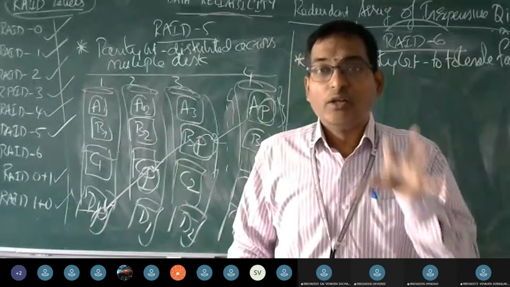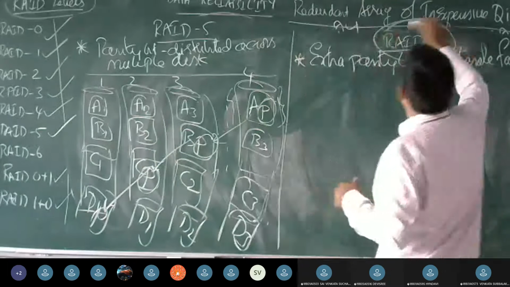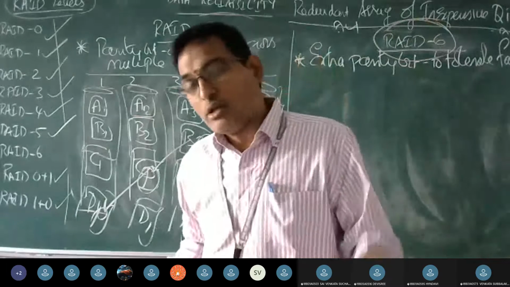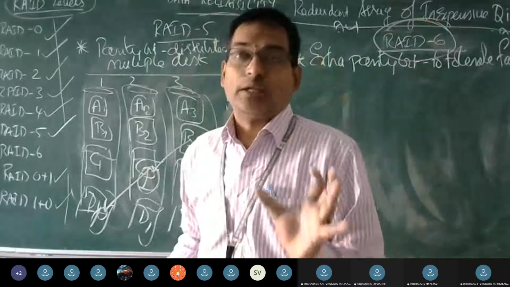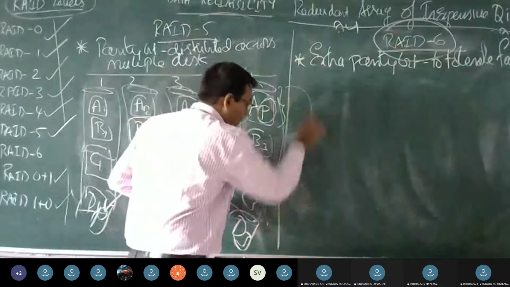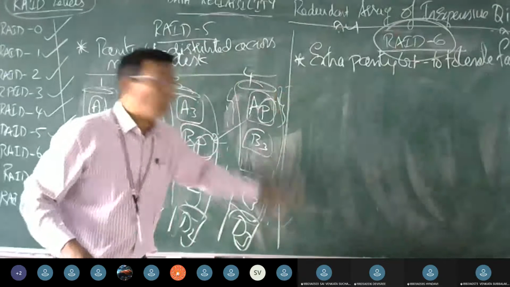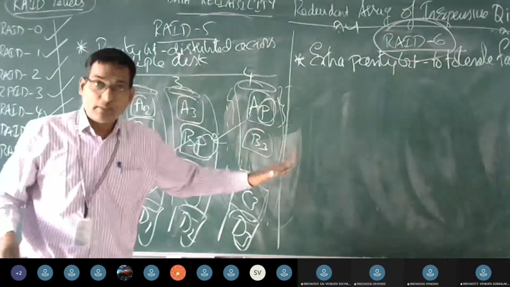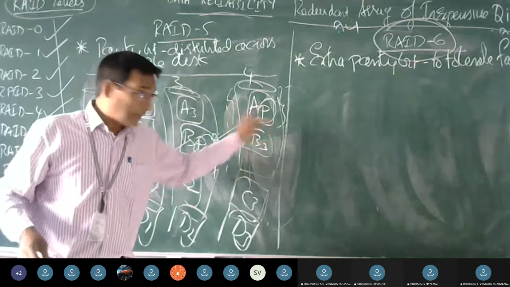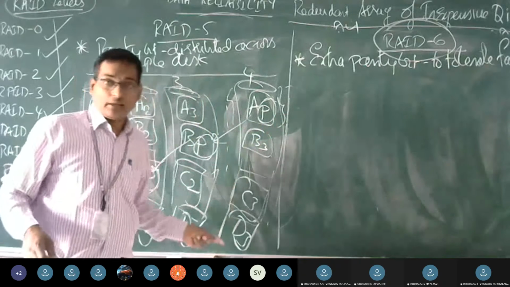For that, the RAID 6 level comes into the picture to address the scenario. In RAID 6, there is one more parity bit, and this parity bit is a backup for the existing parity bit.